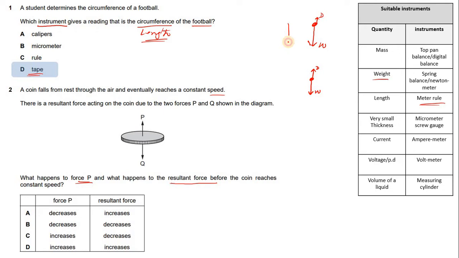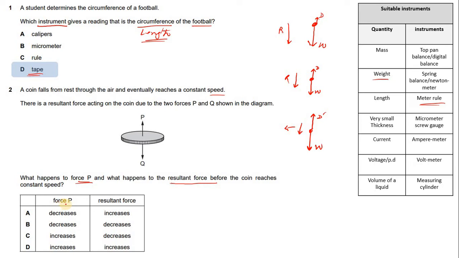This is the resultant force R acting down, and it keeps decreasing as the drag force keeps increasing. Weight remains the same, drag keeps increasing. So the resultant force keeps decreasing until drag and weight become equal, the resultant force becomes 0 and the object reaches the terminal velocity.